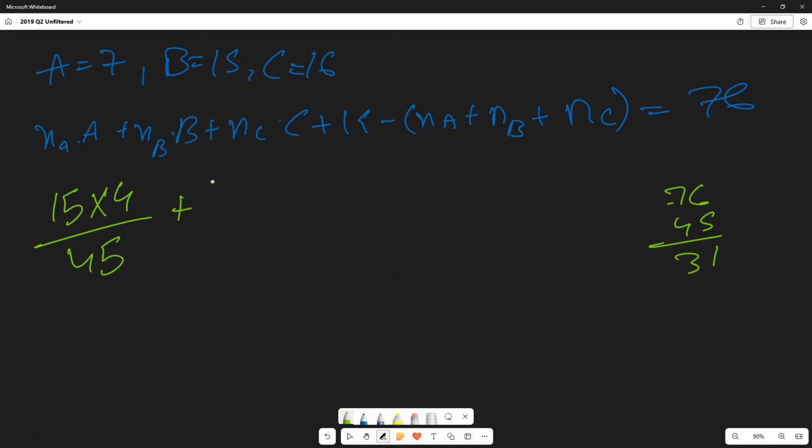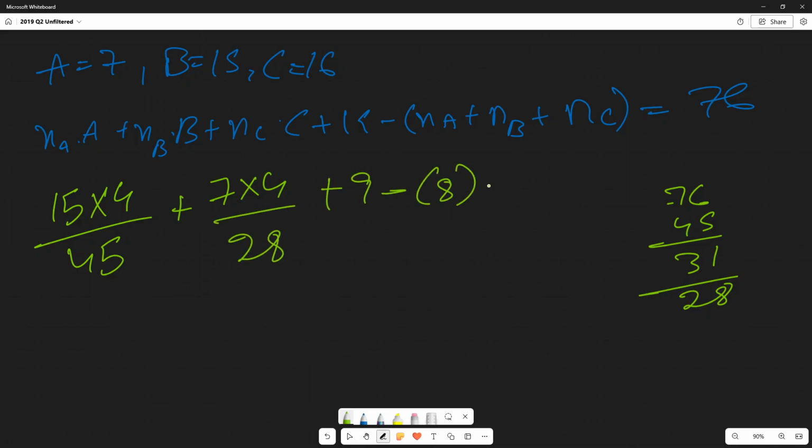And if you take 7 into 4, that will be 28. 28 plus 9 minus 8, which is 1, right? 45 plus 28 is 73. We're getting 74 here. Still that's not right.